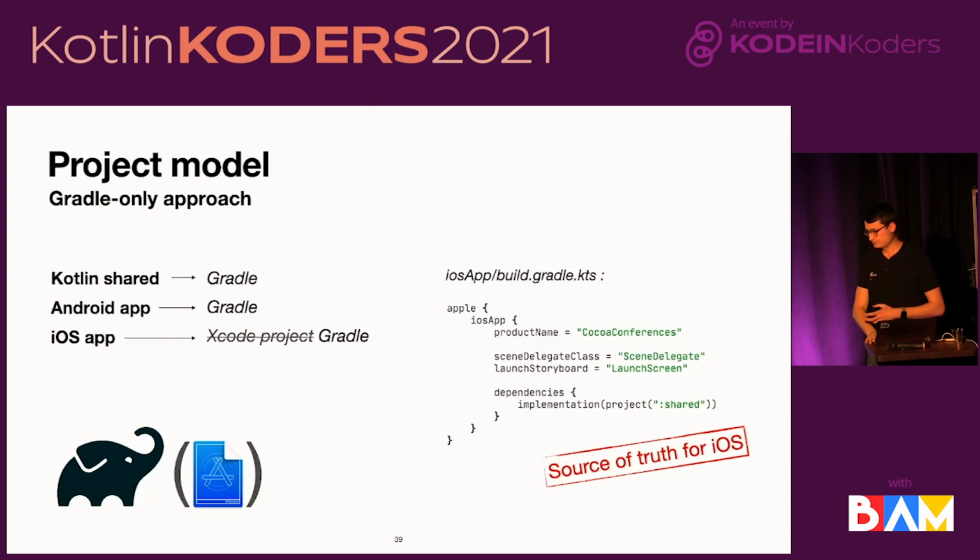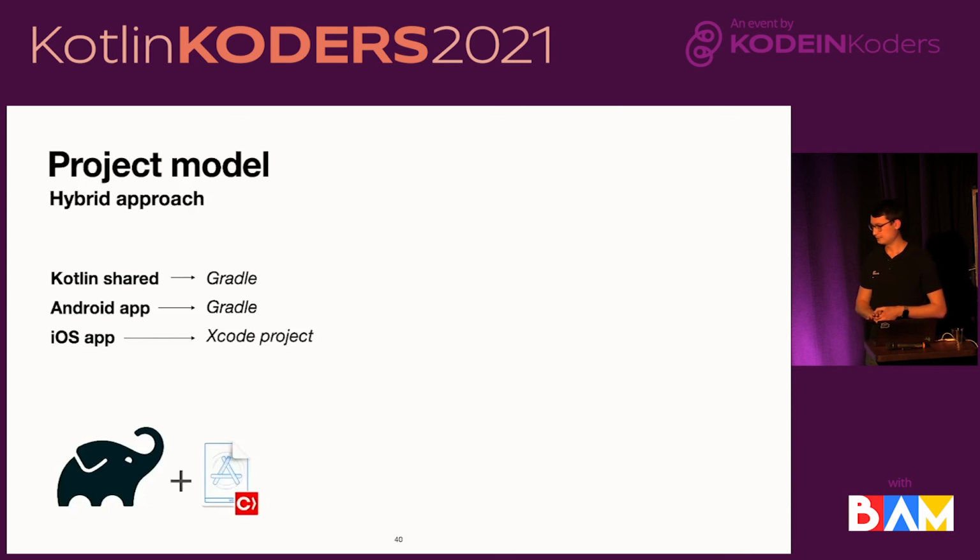But also, probably not everybody would like to get Xcode project generated from Gradle file. So that would be nice to actually keep your Xcode project and make them still work together. And yeah, we call it hybrid approach, where you configure Kotlin shared and Android application in Gradle.